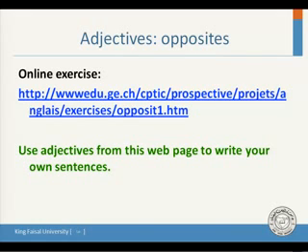And you can also check your answers on that page. After you finish the exercise, you can use adjectives from that page to write your own sentences. Write your own sentences. Don't just do the exercise.